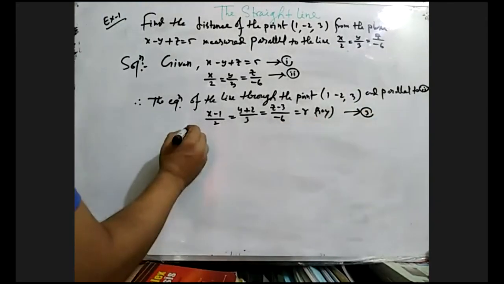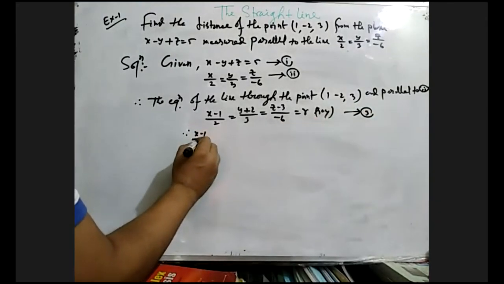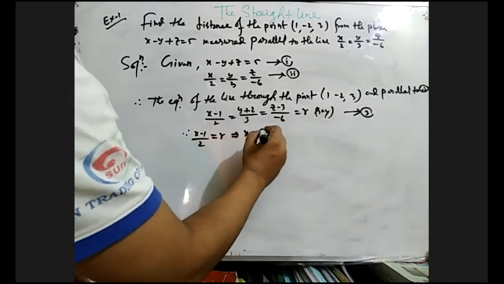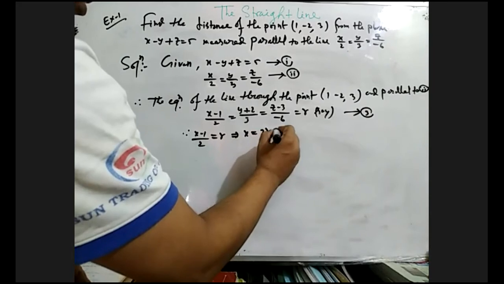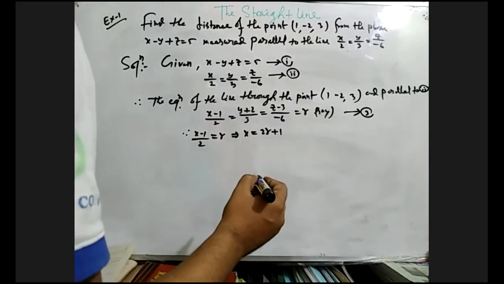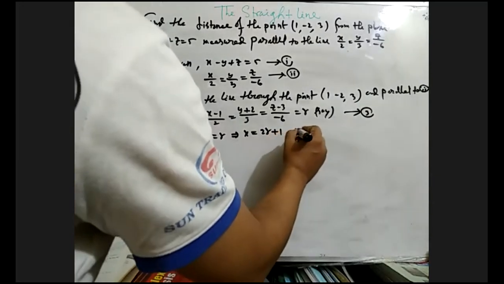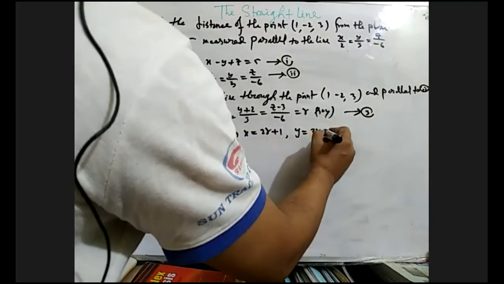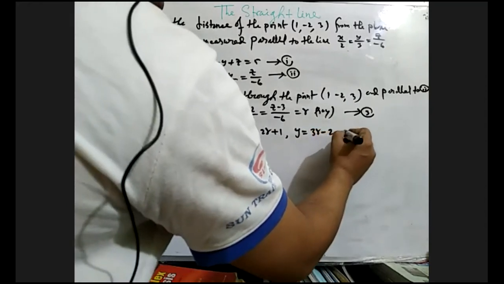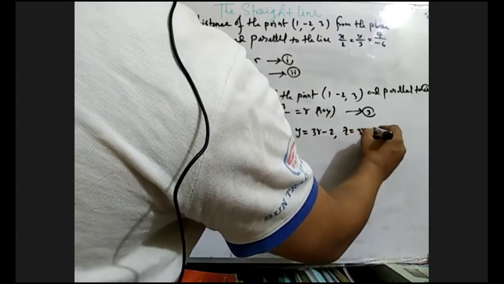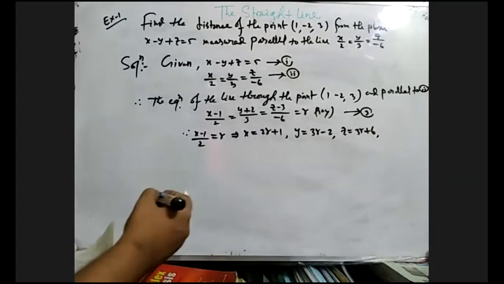Therefore, x minus 1 divided by 2 equals R implies x equals twice R plus 1. Similarly, y equals 3R minus 2, and z equals minus 6R plus 3.